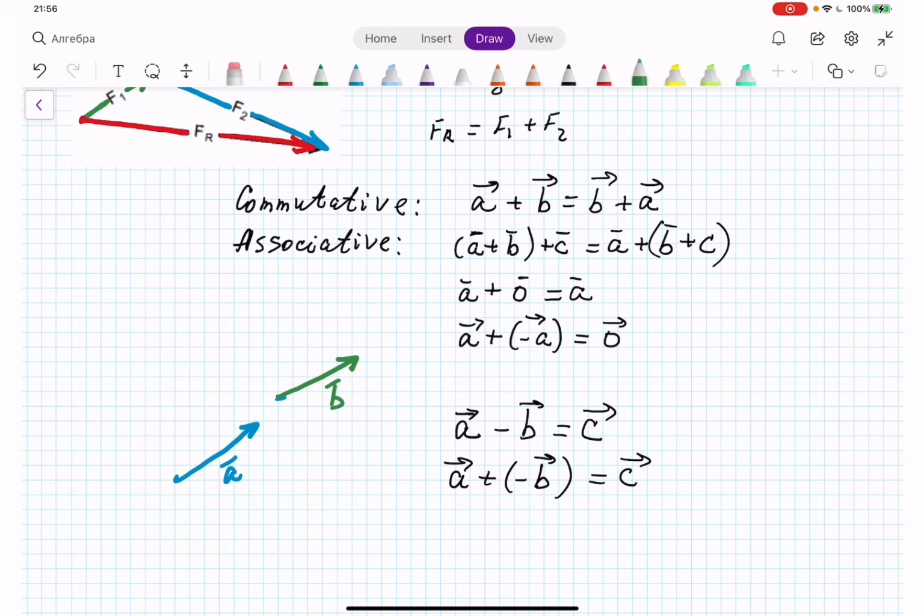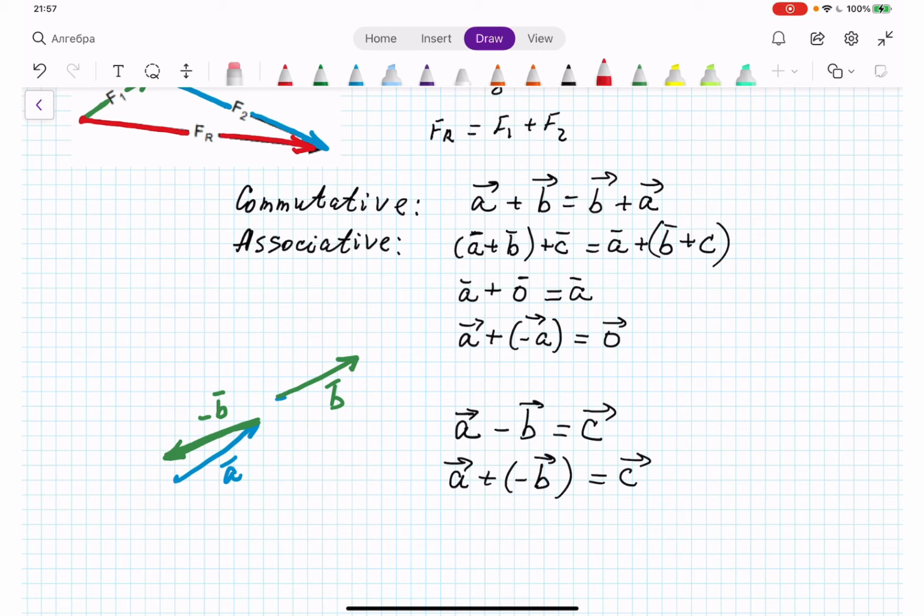So I am starting the beginning of the vector B at the end of the vector A. And it's going in the opposite direction. Parallel but opposite direction. Okay, and this is going to be negative B.